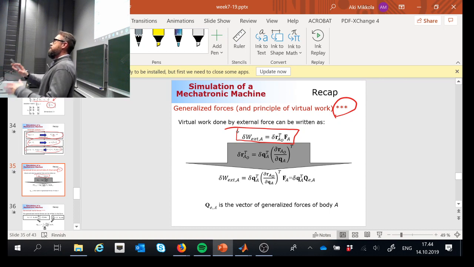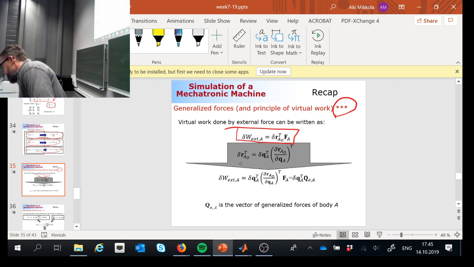The big picture is that you want to convert force expressed in global coordinates to be expressed using generalized coordinates. Global coordinates you have 2, generalized coordinates you have 3 per body.